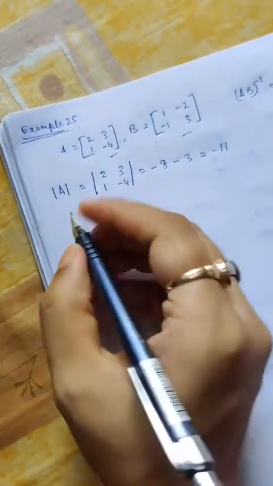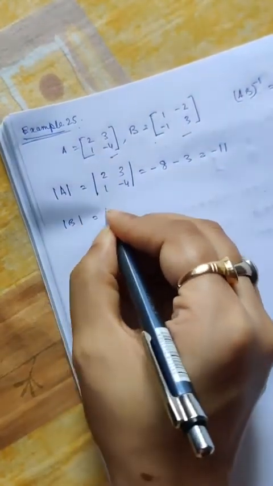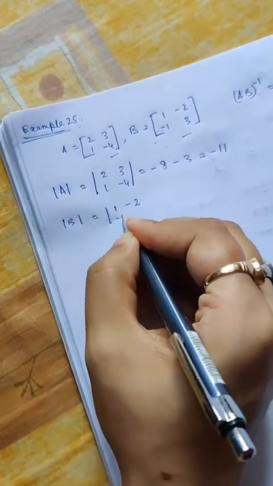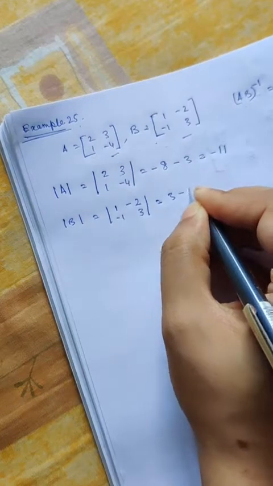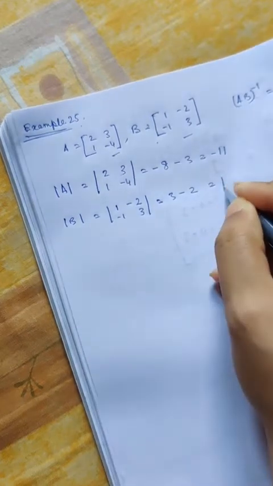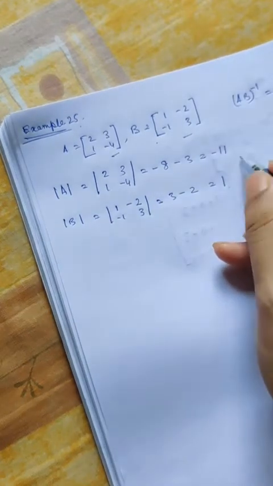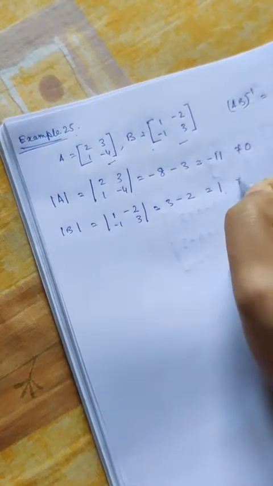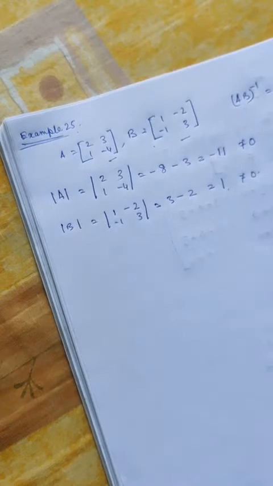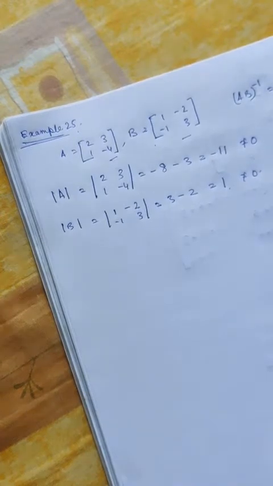Now determinant of B, 3 minus 2, so it is 1. So both are not equal to 0, so non-singular. So A inverse and B inverse exist.